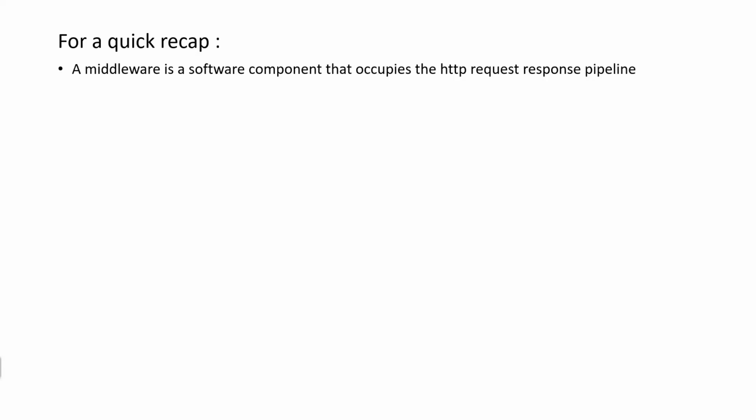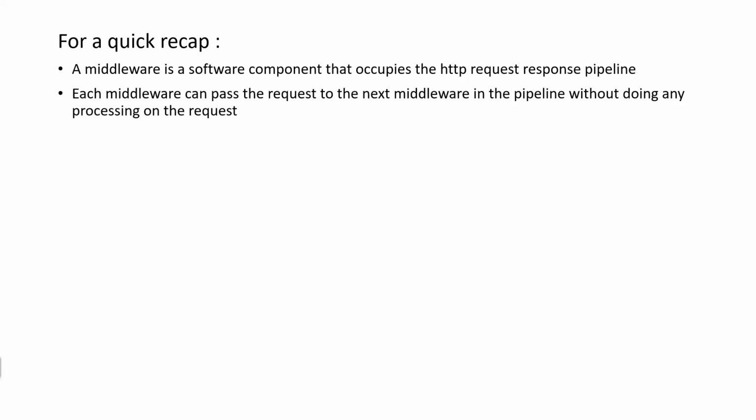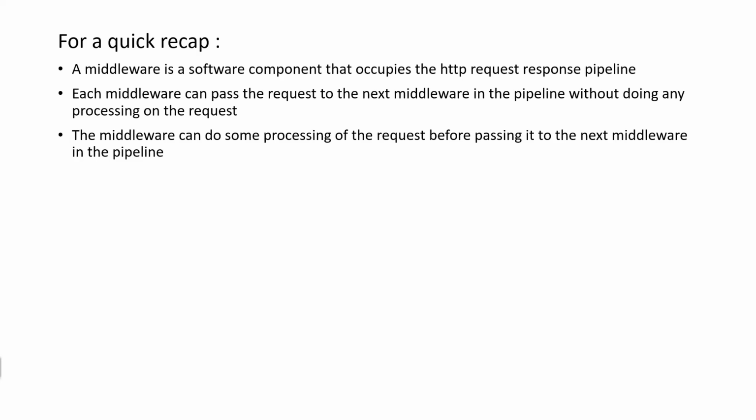Before we leave, here is a quick recap of what we have learned in this class. A middleware is a software component that occupies the HTTP request response pipeline. Each middleware can pass the request to the next middleware in the pipeline without doing any processing on the request. The middleware can also do some processing of the request before passing it to the next middleware.